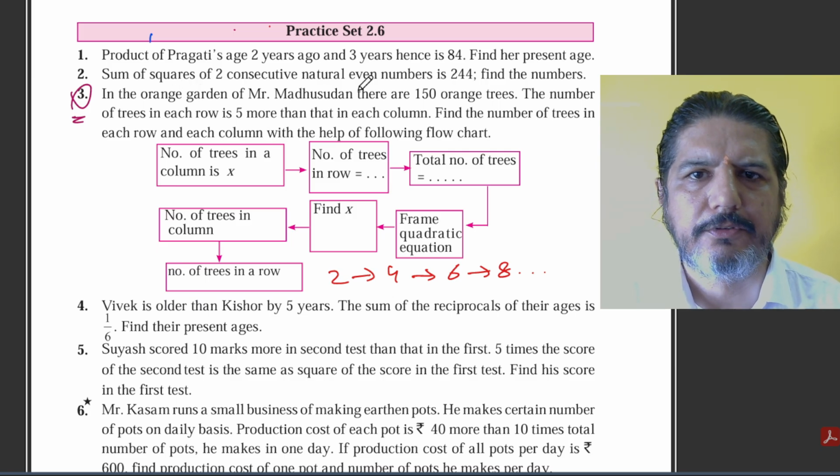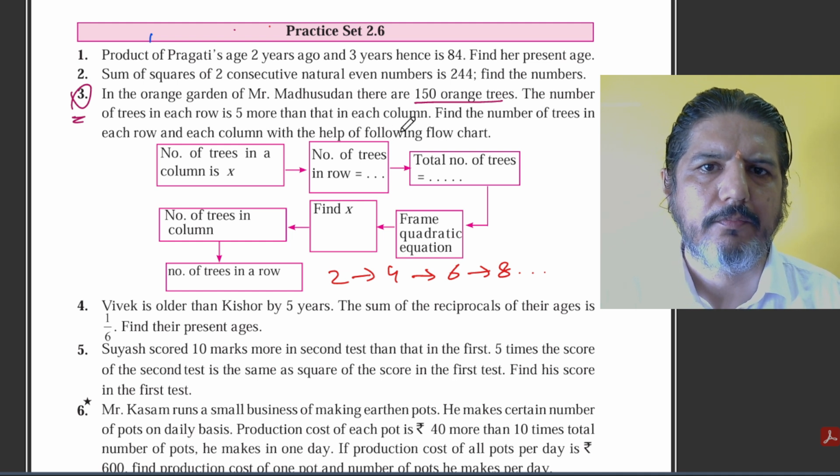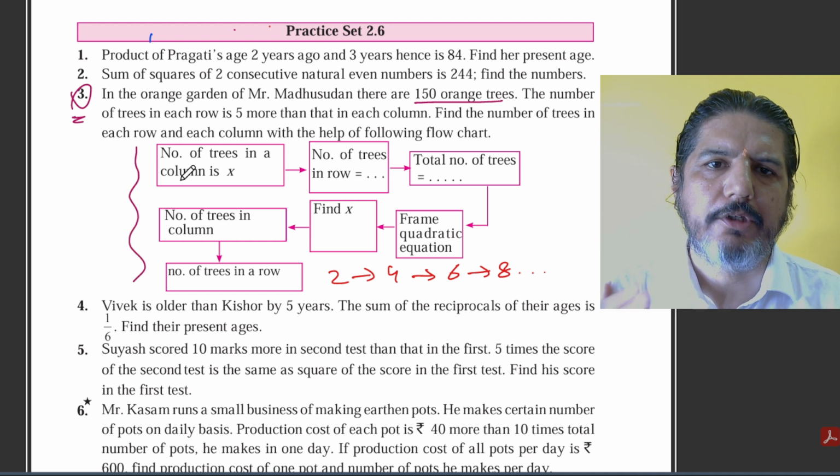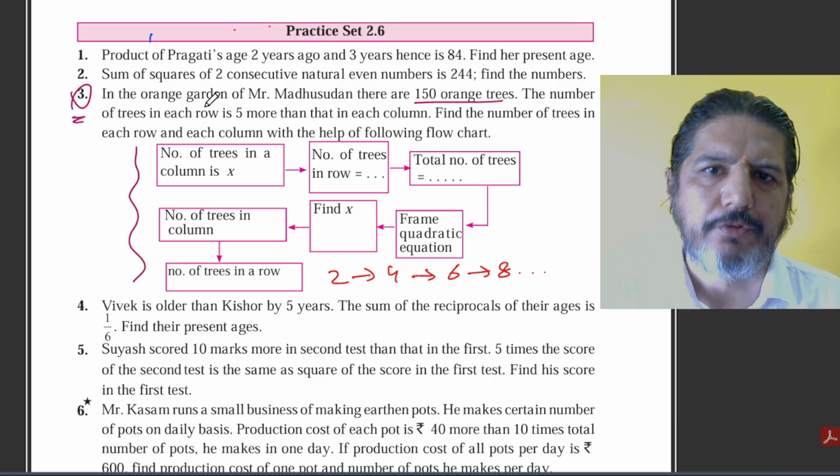In the orange garden of Mr. Madhusudan, there are 150 orange trees. The number of trees in each row is 5 more than that in each column. Find the number of trees in each row and column with the help of the following flowchart. I'll ignore the flowchart for now, that you can do on your own. I'll explain the question to you.